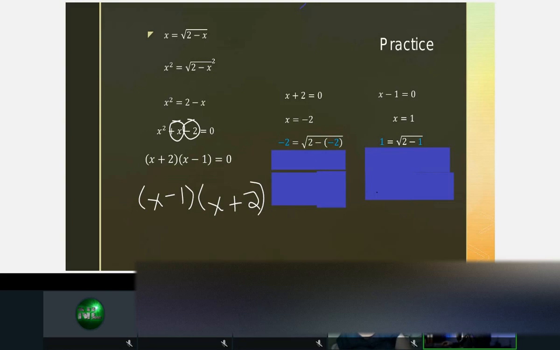When you are finished simplifying those, give me a green check so I know that you are done, ready to go. All right, if you are not done, give me an X, so at least I know you're here. All right, some people are just not here.